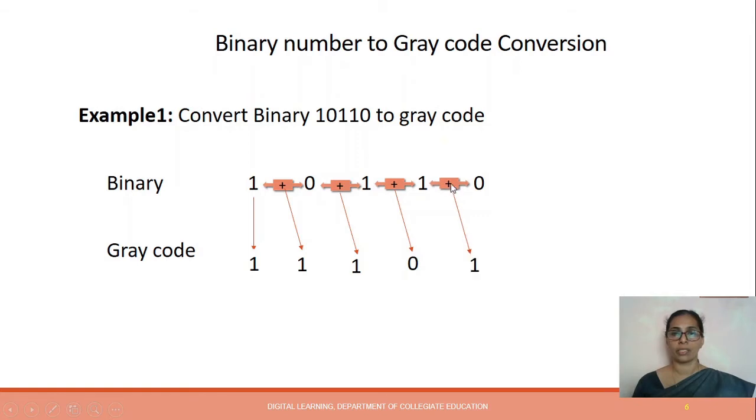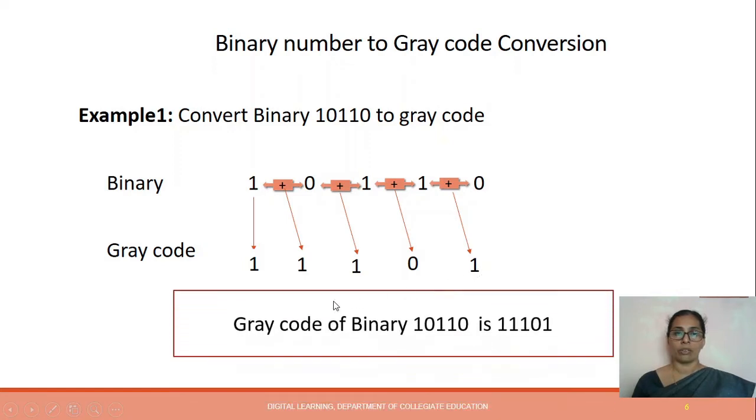Next is 1 plus 0, so you will get the result bit as 1. So the gray code equivalent of the given binary number 10110 is 11101.